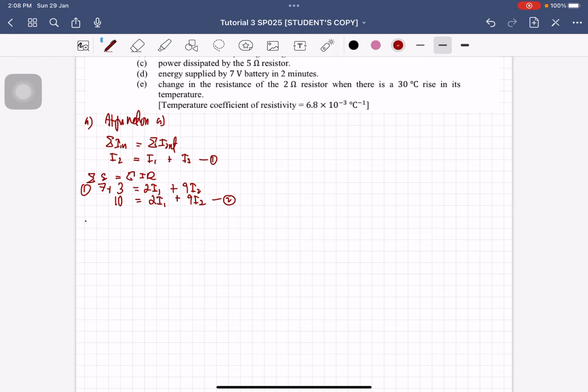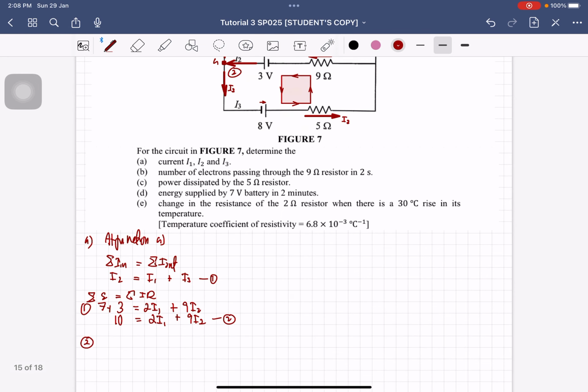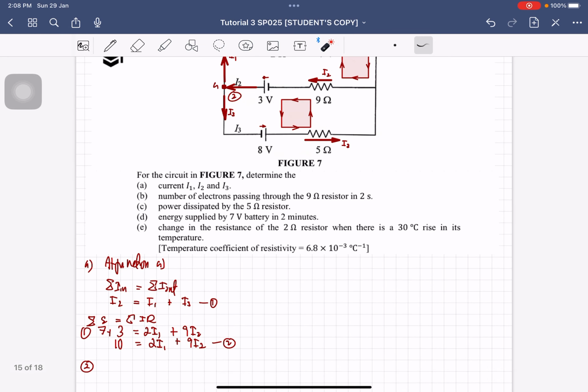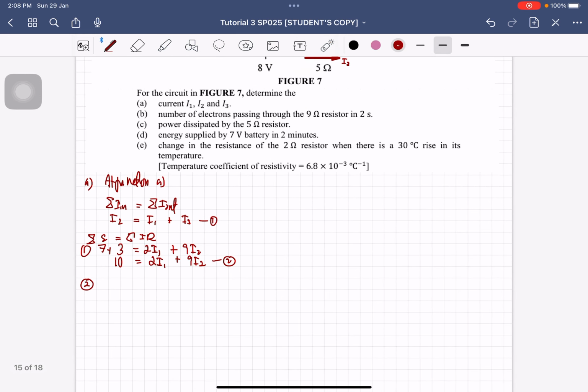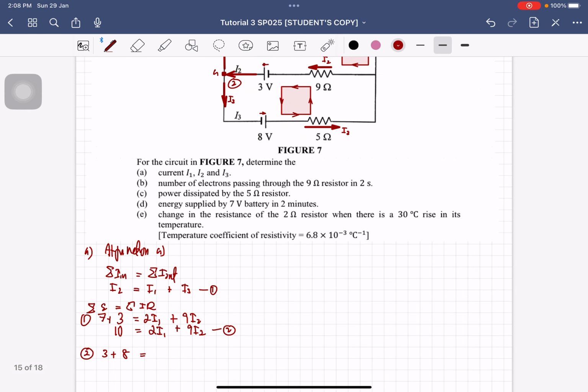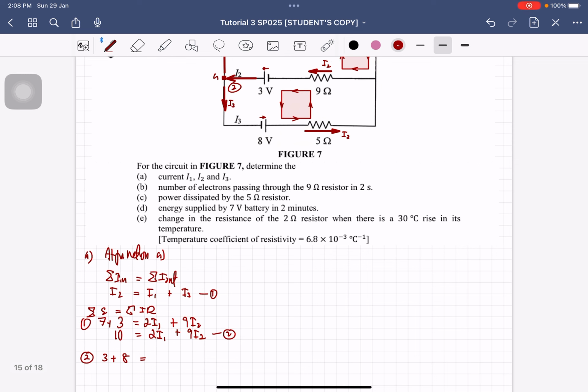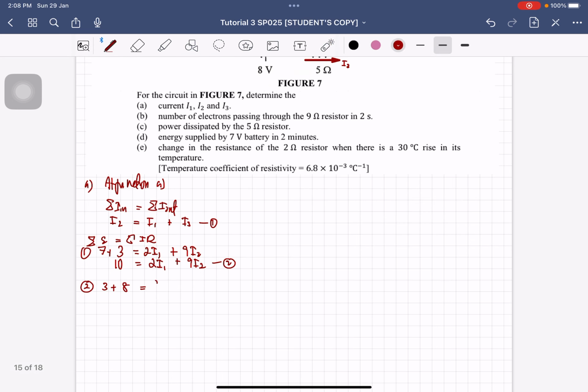Now let's look at the second loop. It's going to be 3 plus 8 for the EMF. So 3 plus 8 equal to positive 9 I2 plus 5 I3.